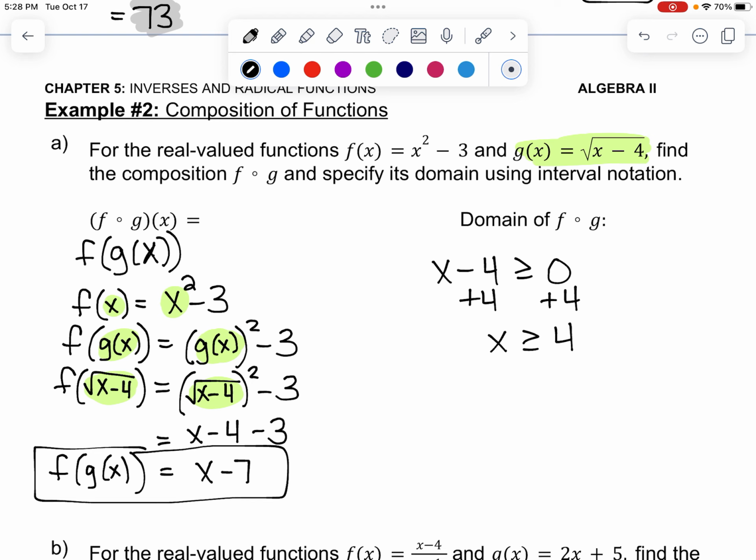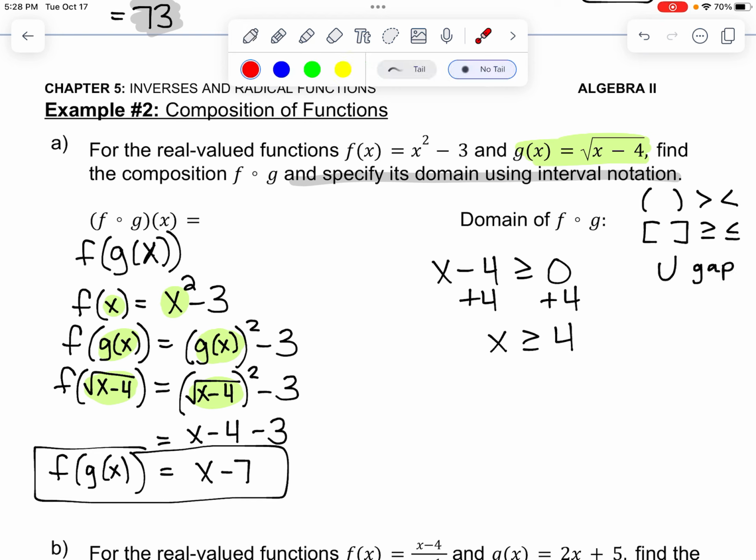Okay, and so it says we want to specify this domain using interval notation. Interval notation was, again, where you use parentheses for less than or greater than. You use brackets when they're included, and you use a U if there's a gap.